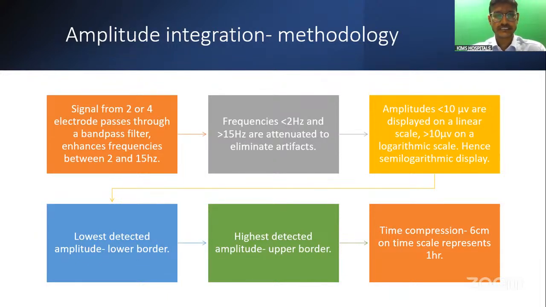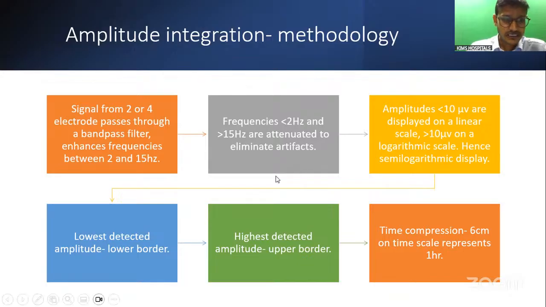Frequencies less than 2 hertz and more than 15 hertz are attenuated, which helps in elimination of artifacts. After that, amplitudes less than 10 microvolts are displayed on a linear scale, and amplitudes more than 10 microvolts are represented on a logarithmic scale. Hence, amplitude EEG is a semi-logarithmic display.